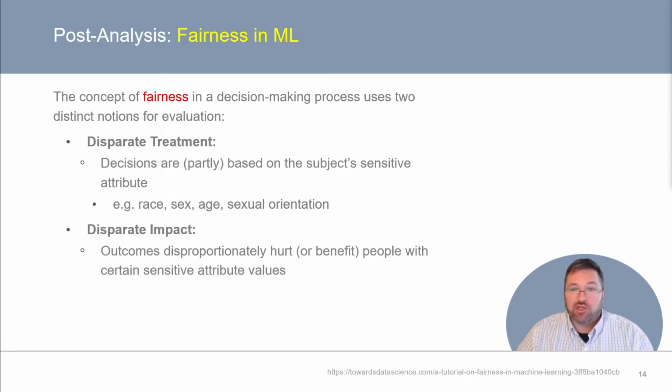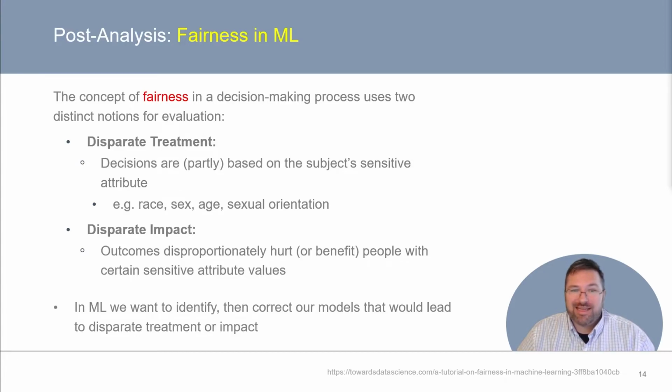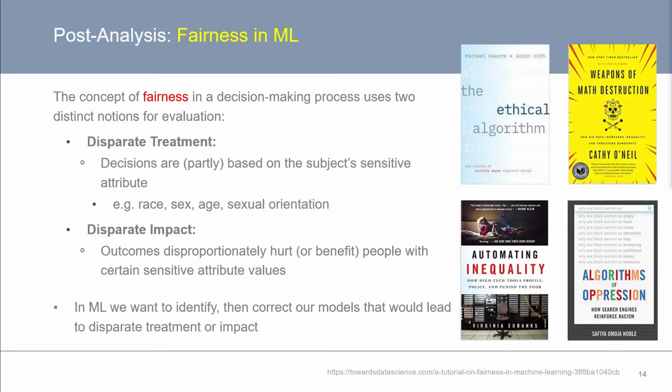In other words, do model outcome decisions disproportionately hurt or benefit people with certain sensitive attribute values? Ultimately, in generating machine learning models that will be put into practice, it's important to identify disparate treatment and impact, and then correct our models, or the data we train our models with, in an effort to try and ensure fairness is achieved. If you're interested in learning more about these issues of bias and fairness in machine learning, there's a number of great books that have been written on this topic.